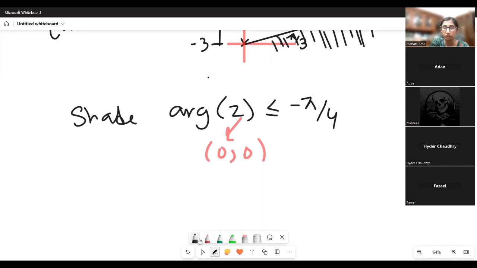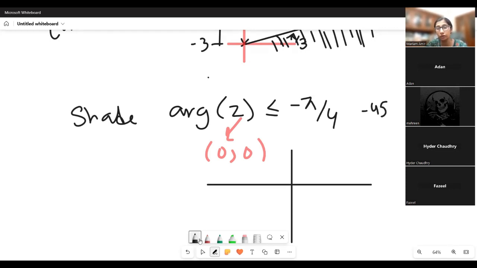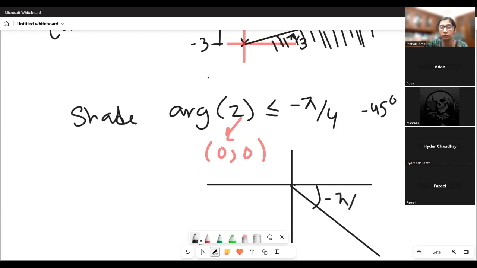So at the origin, I have to plot minus pi by 4. Pi is 180. 180 divided by 4 is, sorry, 45. So it's going to be negative 45 degrees. Negative 45 degrees means a clockwise angle. It's going to be like this. So mention minus pi by 4.